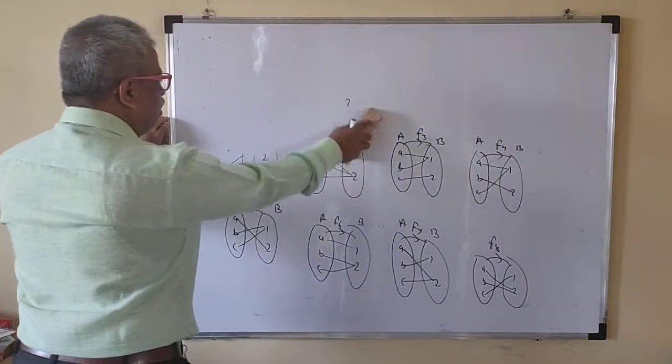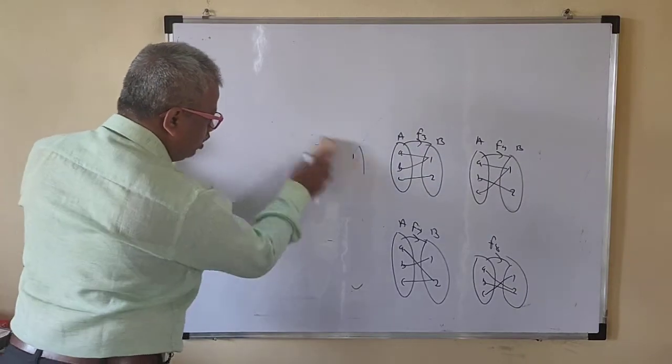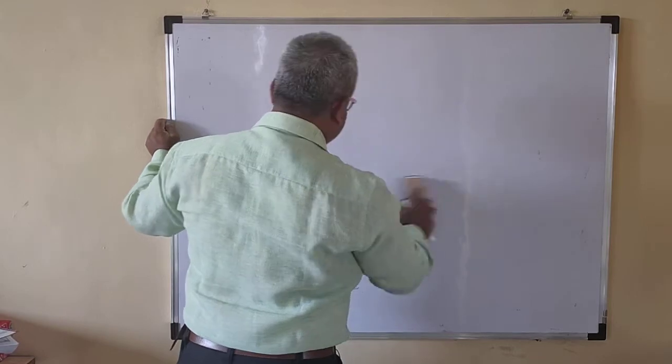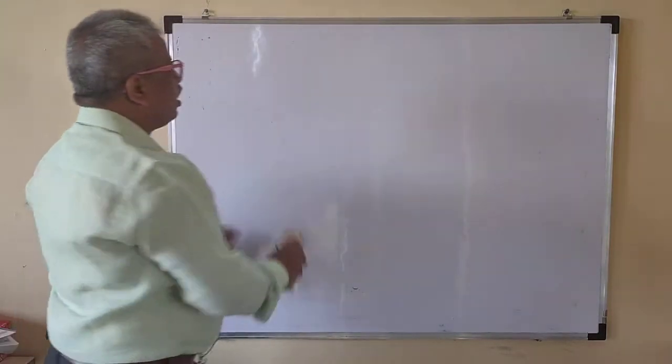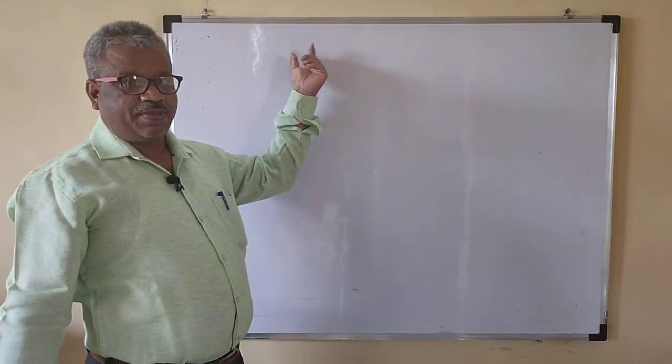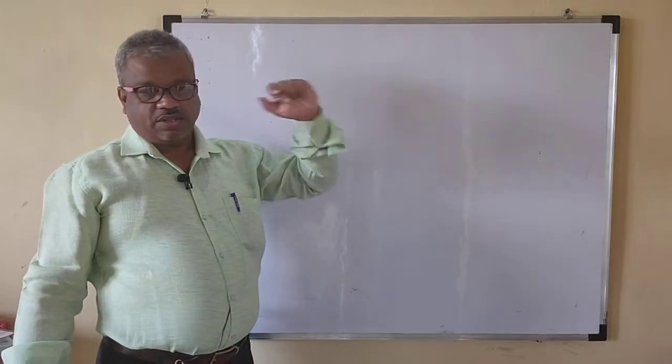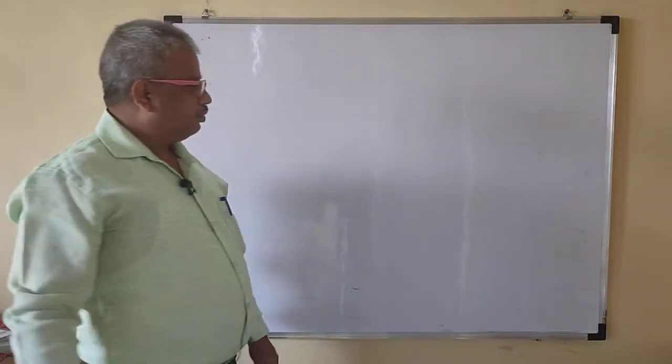For practice, you can do this. Take elements of B as 3 also now. Or take A is equal to A, B and write C as 1, 2, 3 now. See what happens then.